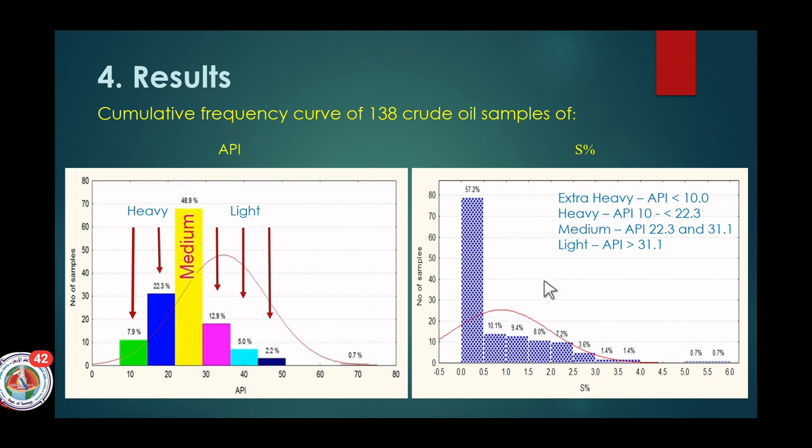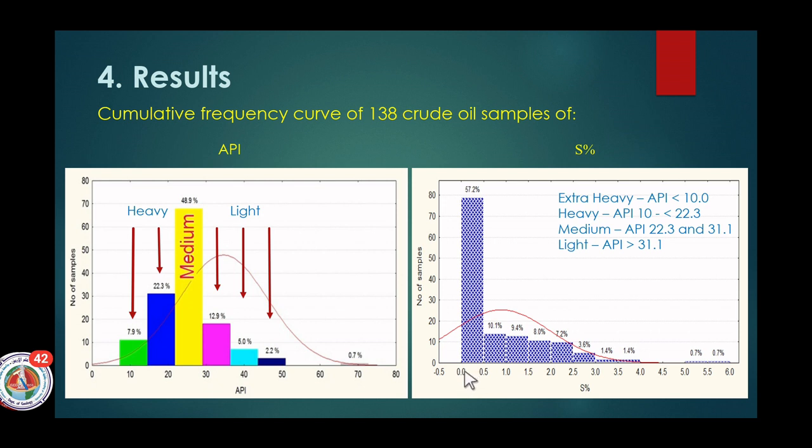This figure on the right represents the relationship between number of samples and sulfur content. This bar represents half of samples, which is of very low content of sulfur.